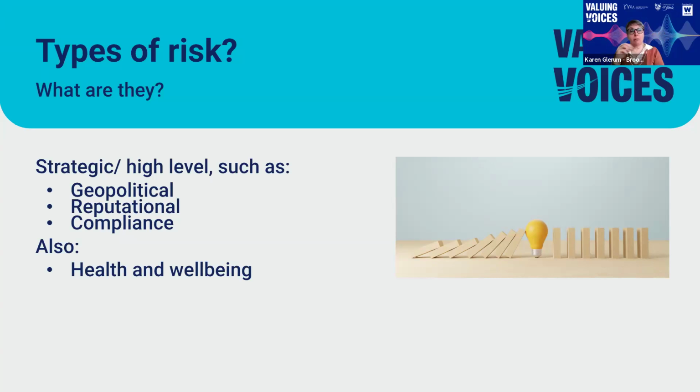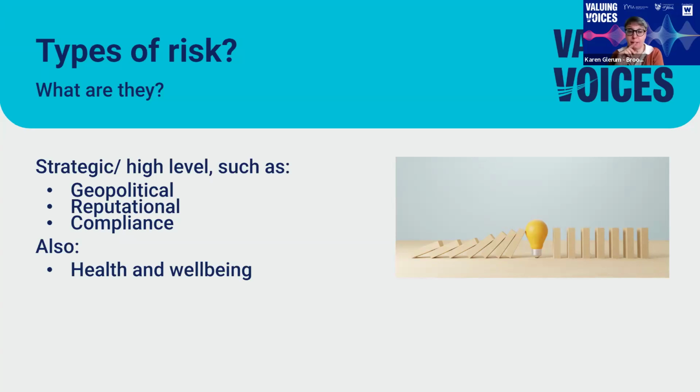But then what I really like about this particular principle is that health and well-being is also included as a risk. So that's the health and well-being of maybe research participants, which is usually something we are very aware of, but also the risks to ourselves as researchers, which is possibly something not everybody talks about or thinks about on a daily basis.